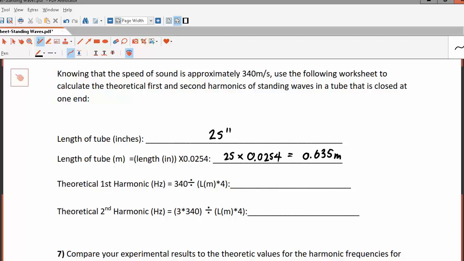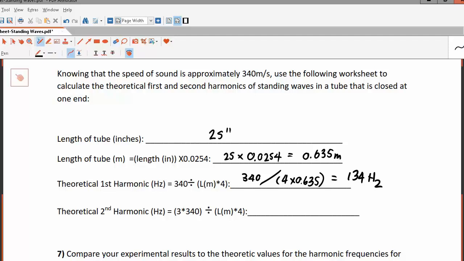The theoretical value for the first harmonic is going to equal 340 divided by 4 times this length. So if I calculate this, I get 134 Hertz.